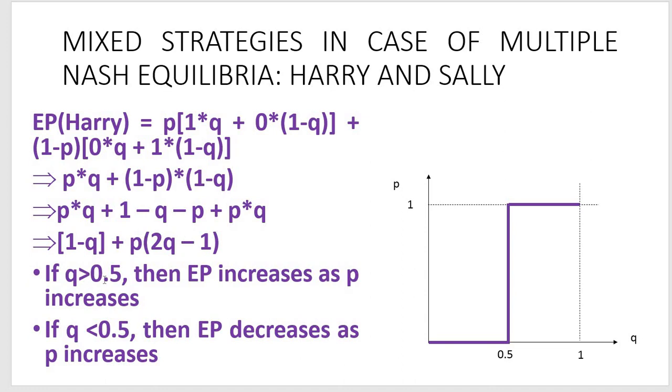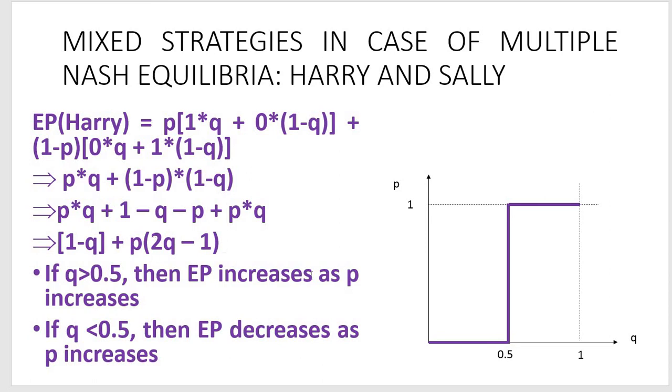Again, if Q exceeds 0.5, then the expected payoff for Harry will increase as P increases, because this coefficient will take a positive value. If Q is less than 0.5, then the expected payoff for Harry will decrease as P increases, so there will be an inverse relationship between P and expected payoff, because this coefficient will yield a negative value.